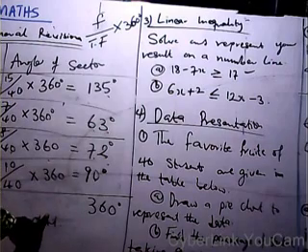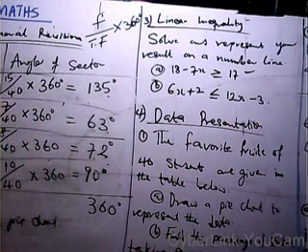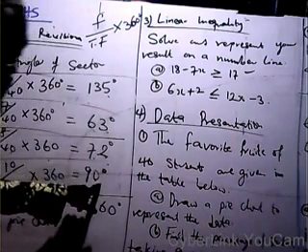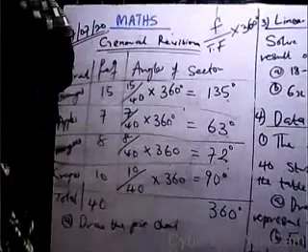So B now. You should find the percentage of students that took the grade. You can get the percentage from the angle or from the frequency, either of the two.